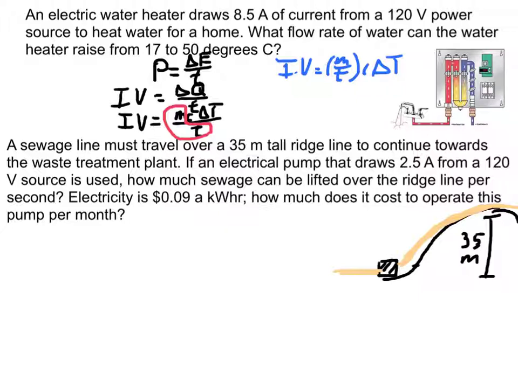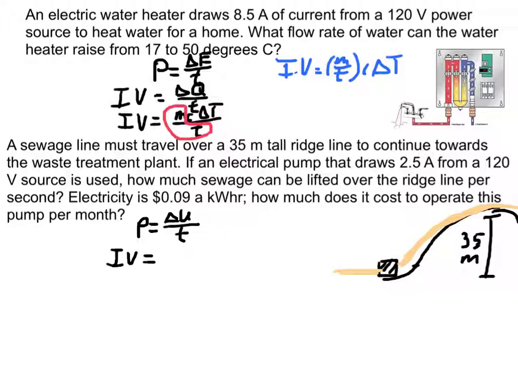How much sewage per second? Power equals delta E, or work, right? In fact, let's make this delta U, that would be more correct there. Change in potential energy divided by time. And the power that I'm exerting is electrical power, IV.